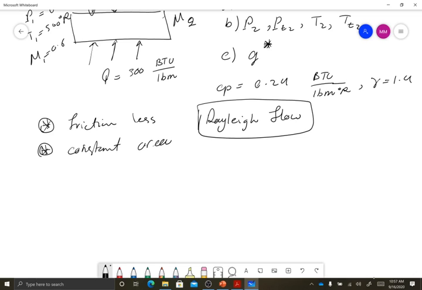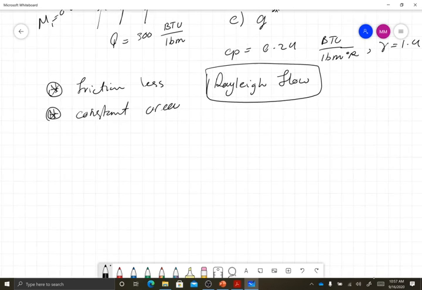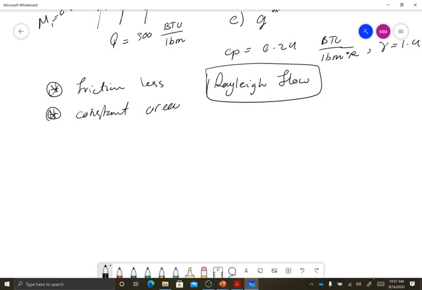But let's just start here. We are dealing with Rayleigh flow. We have the static pressure and temperature, all right? And we are supposed to find the exit Mach number and the static and the total pressures at the exit. All of the exit parameters, essentially. So what should we do? The first thing you want to do is to find the total temperature, because using that total temperature, you can find one of the parameters at the exit, which is your total temperature at the exit, TT2.